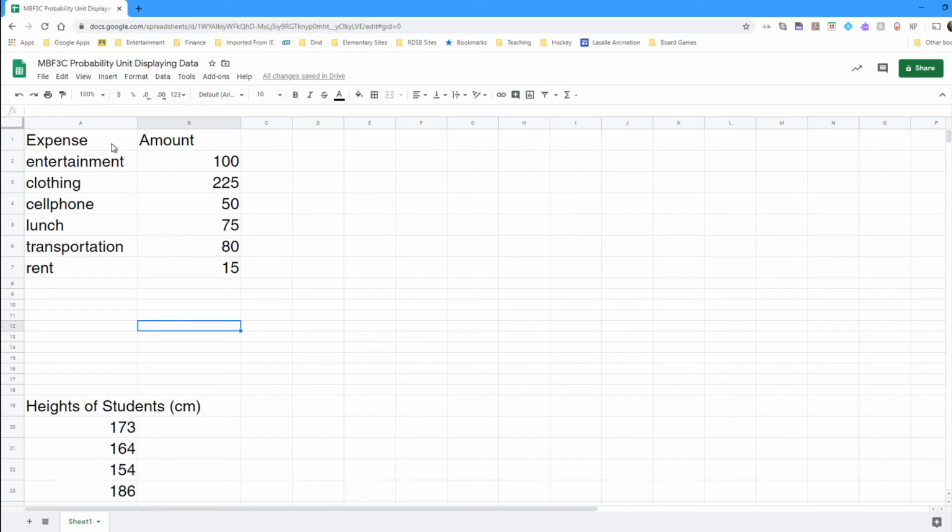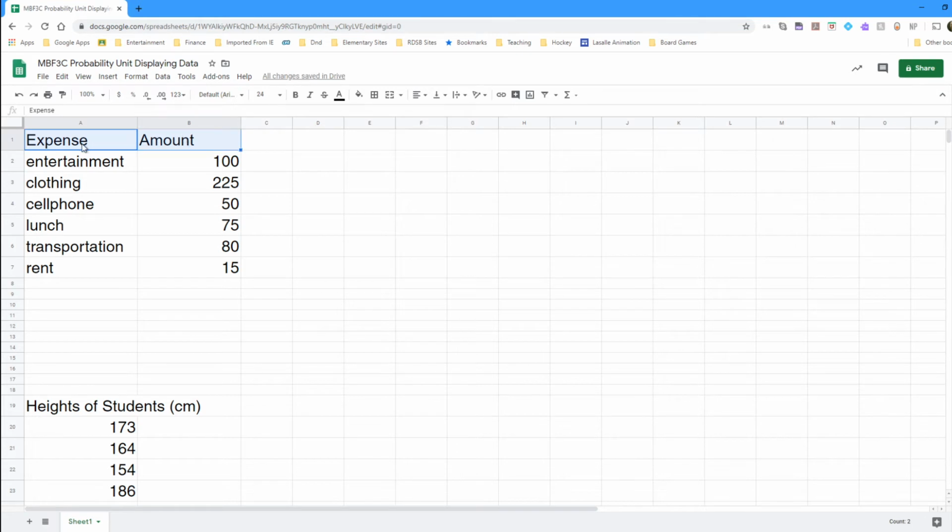So for this first example here, what kind of graph should we use to represent this information? We've got some expenses and we've got some amounts, and basically these are the expenses that you might have if you're living on your own, okay?